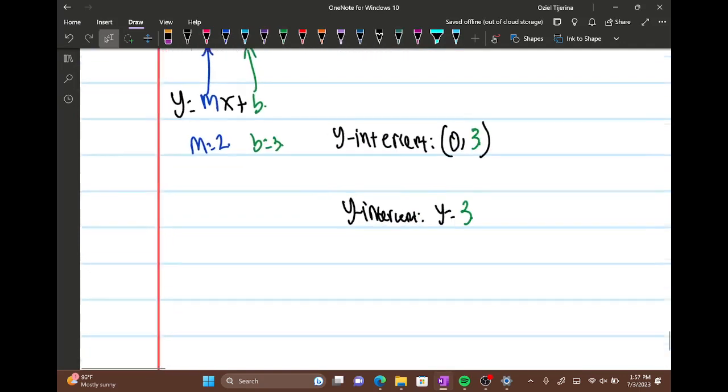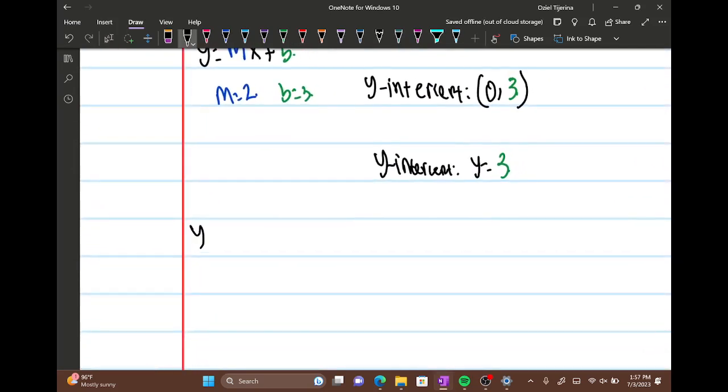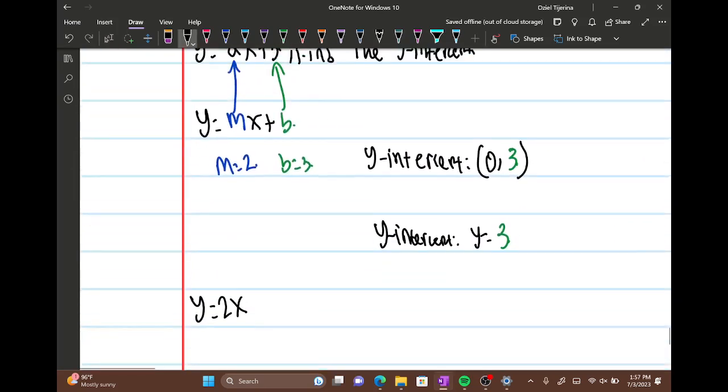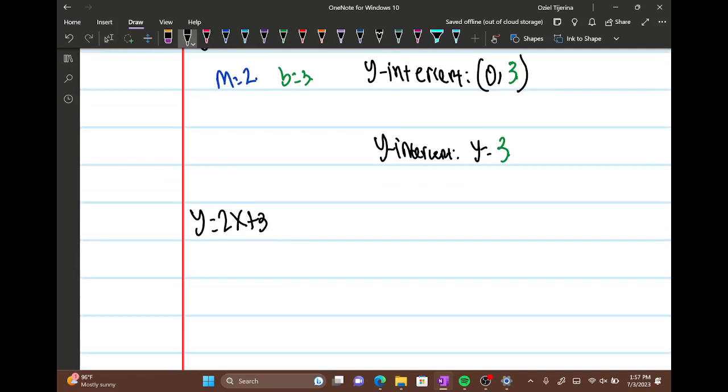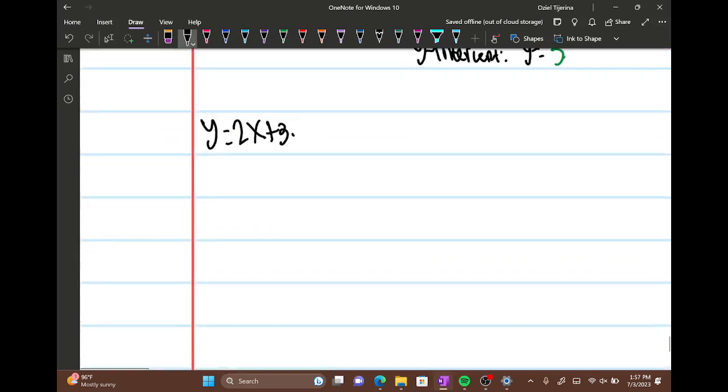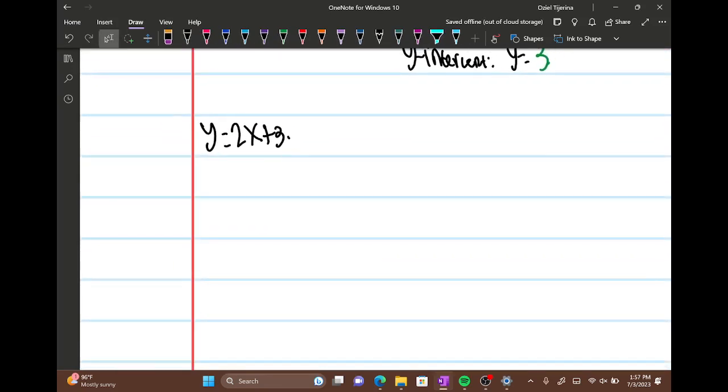The other way to find it is if I have y equals 2x plus 3, and I say find the y-intercept. Well, I know that my y-intercept is when x is equal to 0.